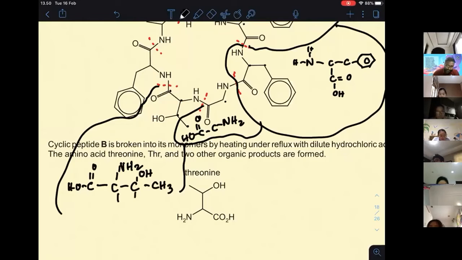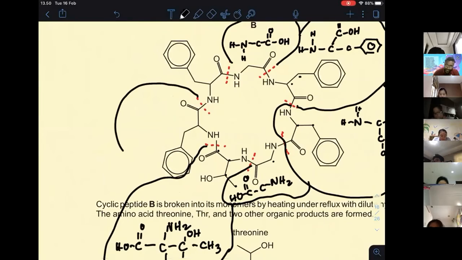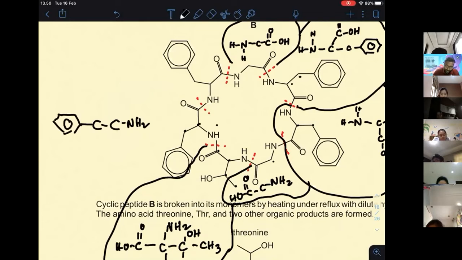Two more: NH2 bonded to this carbon, then another carbon, and the carbon here bonded to another carbon, double bond O and NH2.